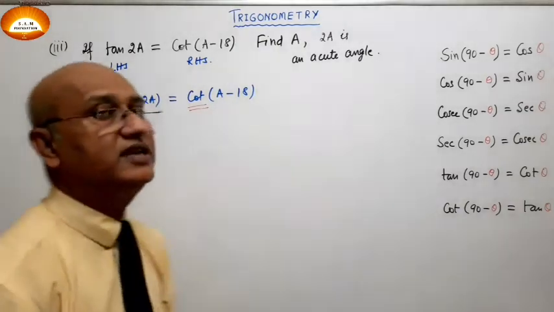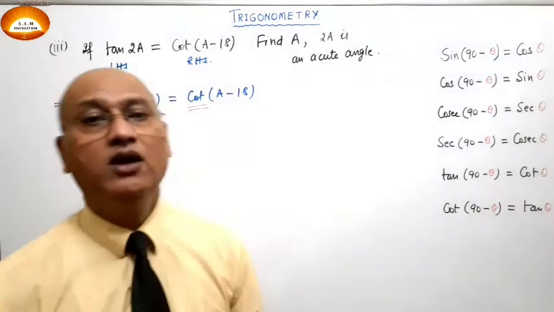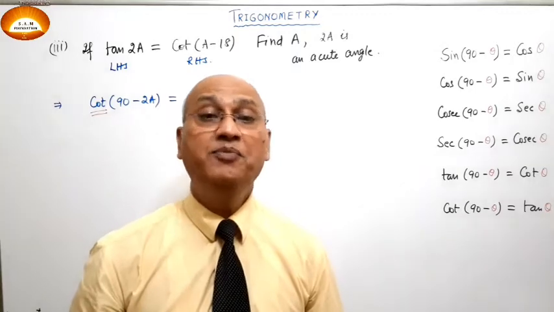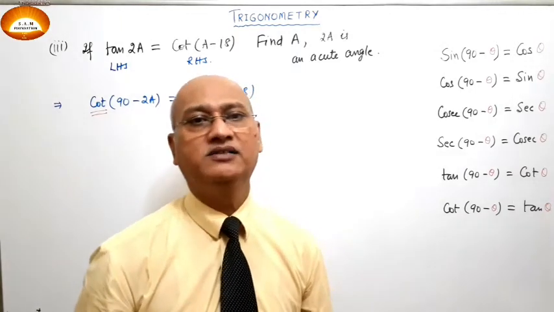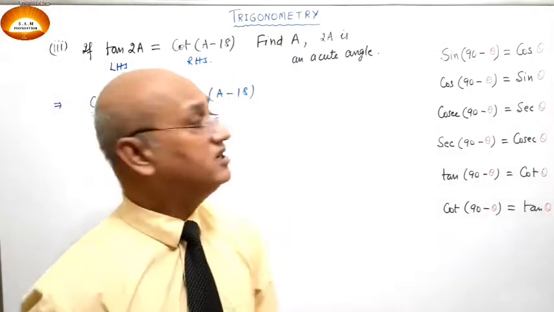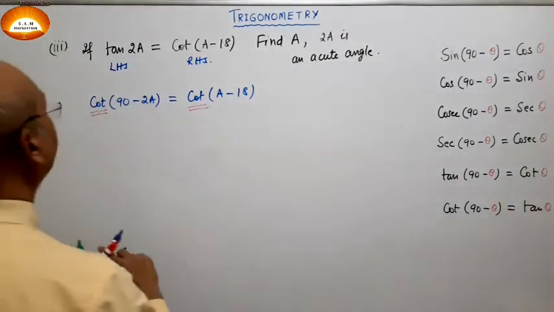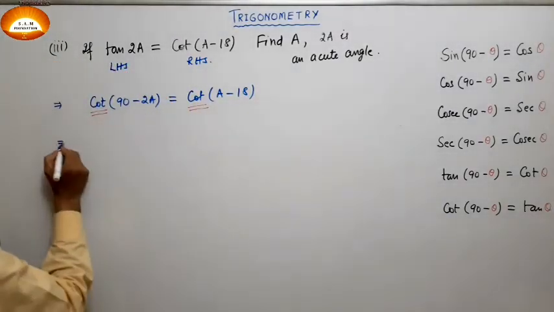Now if the trigonometric ratios on both sides are the same, we can compare the angles. Comparing means you simply equate the angles, if you have made the trigonometric ratios the same. Now see, here the angle is 90 minus 2a.